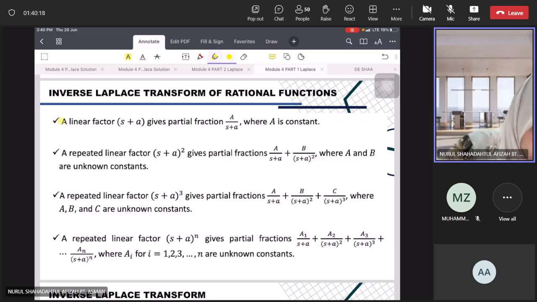So this is a linear function. Then repeated linear factor, which has the square here, gives a fraction. Yeah, this is for linear fraction.